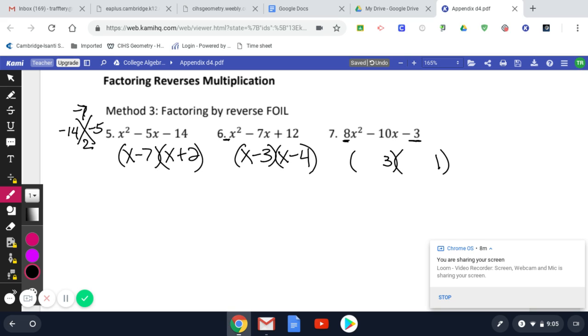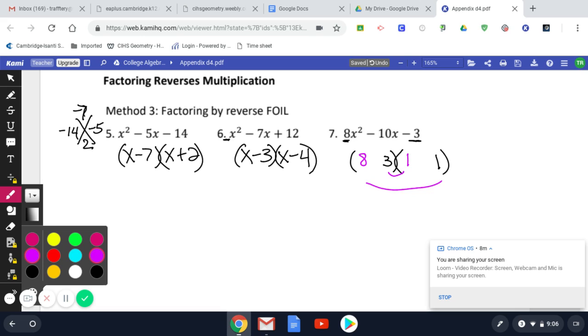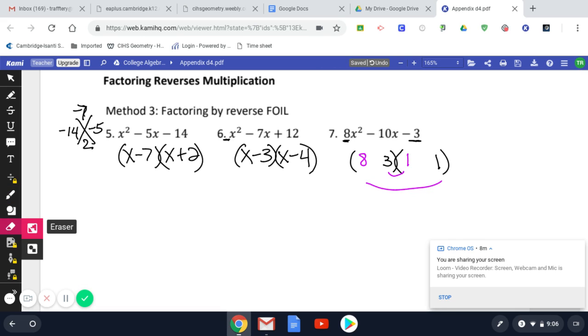Now, because I want negative 10, I need to think about what would give me 10. If I'm just going to write in 8 and 1 here, I'm going to get 3 and 8, which will no way give me 10. Positive or negative, I don't see that working.